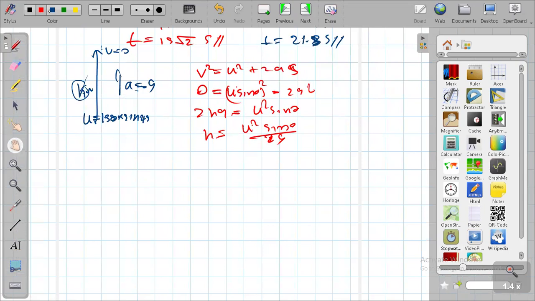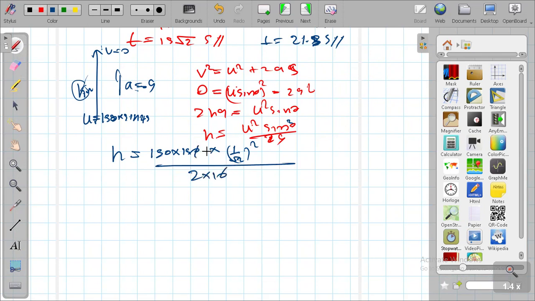Let's apply the values. u is 150, and sine squared theta is 1 over root 2 to the power 2. Two times 10 cancels.